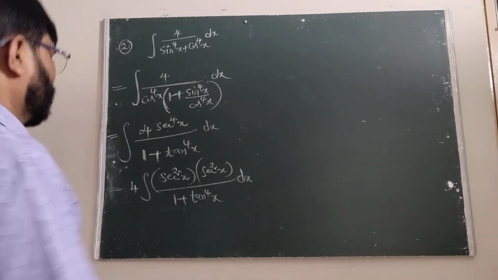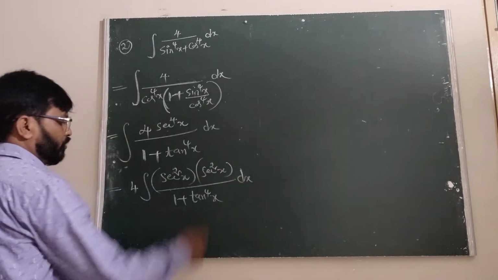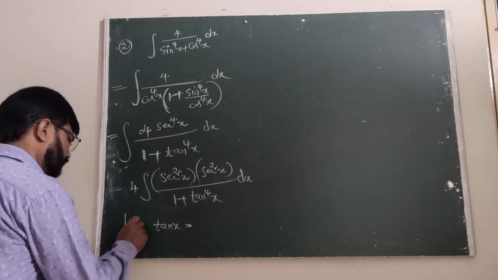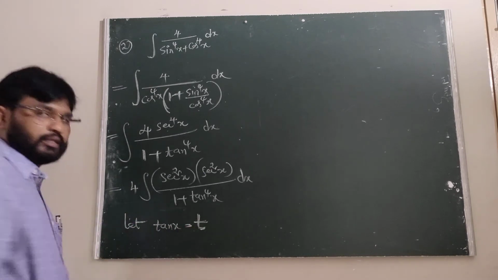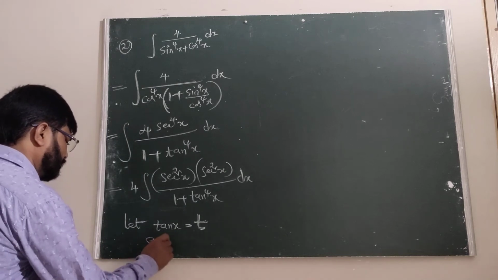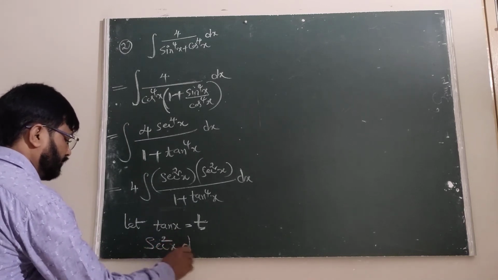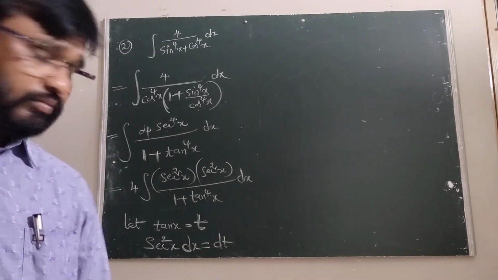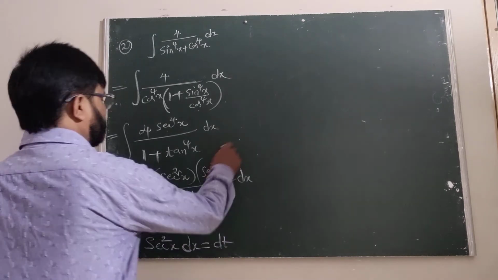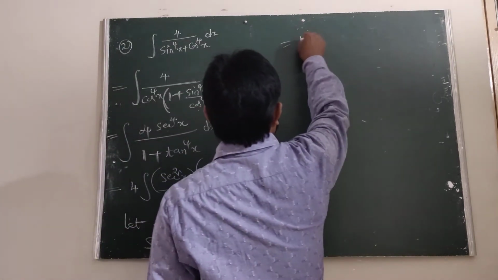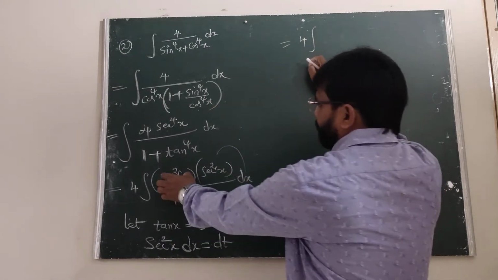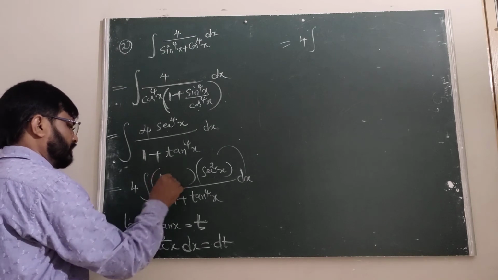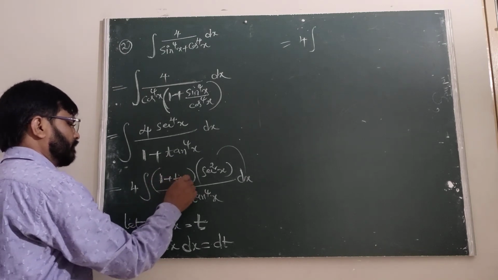Therefore secant square x dx is dt when we take tan x equal to t. Let tan x equal t; the derivative of tan x is secant square x, so secant square x dx equals dt. Now we write 4 into one of the secant square x, and one of the secant square x we can write as 1 plus tan square x.